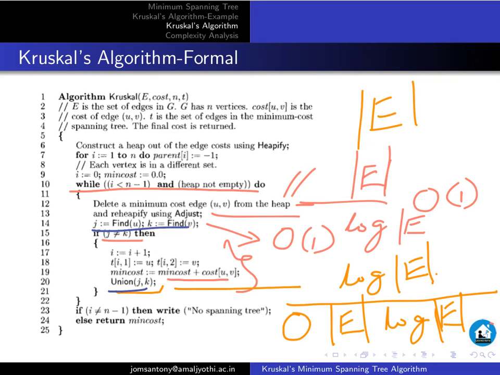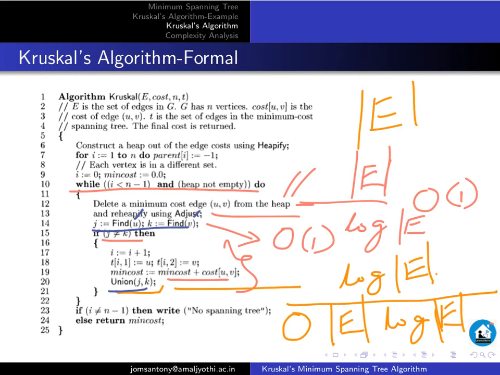So you are applying find function on u and v, which is the new edge that you have selected, and find u is going to return you j and find v is going to return you k.